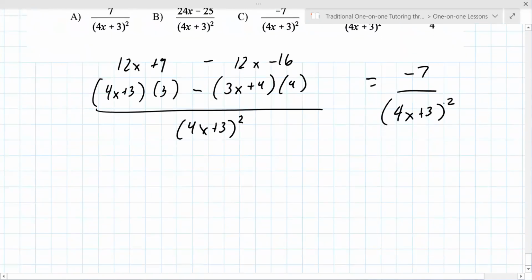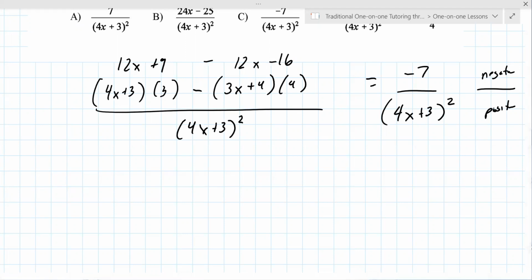We wouldn't do one for this, but when you look at this, the top is always negative and the bottom is always positive. It wouldn't matter what number we put in here because you're always going to get a negative on top over a positive on the bottom. So it would always be a negative number. Yeah. And that's the kind of stuff you're looking for to help speed it up. Right. That would be a big takeaway.